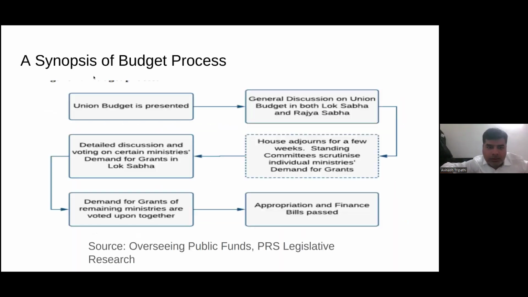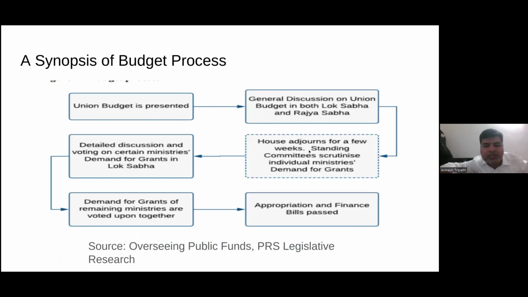Okay, so this is a very brief synopsis of the budget process. The union budget is presented, and then the budget is discussed in both Lok Sabha and Rajya Sabha. After a brief discussion on the union budget, the House adjourns for a few weeks.